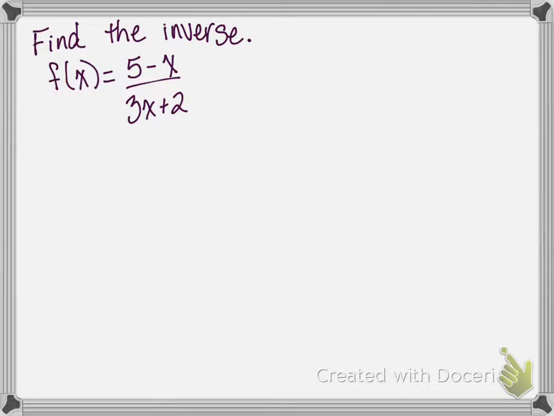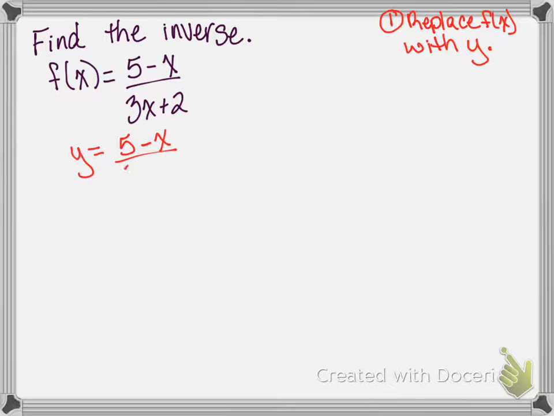Okay. So I am finding the inverse. This is my original problem. First thing I'm going to do, replace f of x with y. So I'm going to have y equals 5 minus x over 3x plus 2. That's my first step.